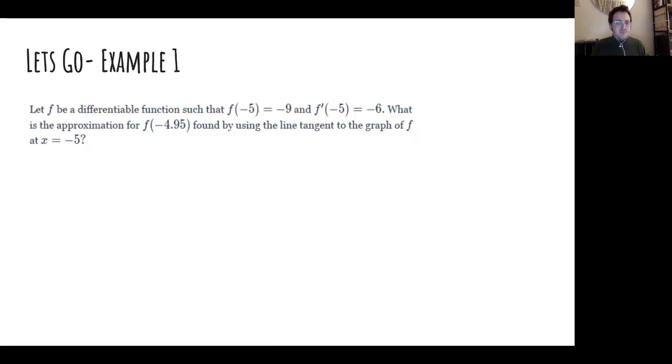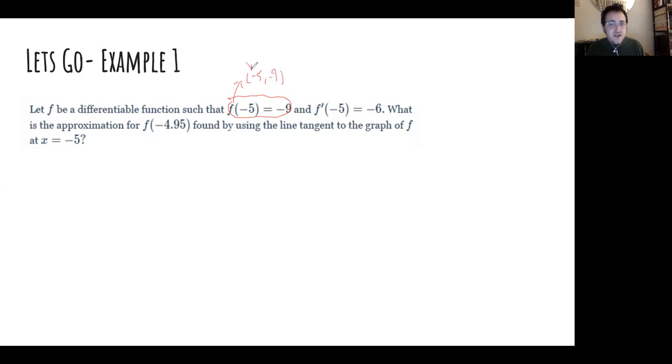So let's do this. When I read this, I like to circle. It looks kind of wordy, so I'm going to translate this from pre-calc calculus speak into more algebra 1 style speak. What this is telling us is that the function goes through the point -5, -9.